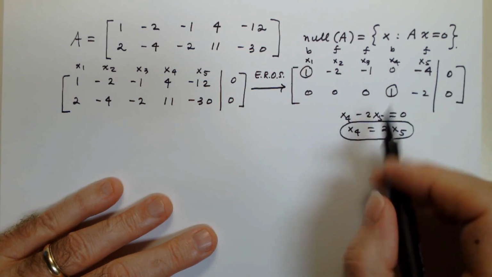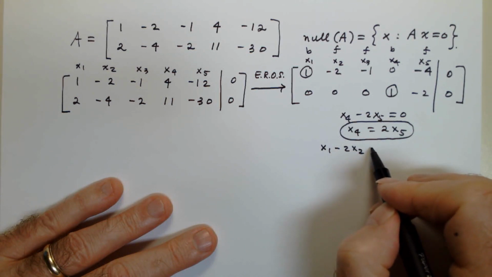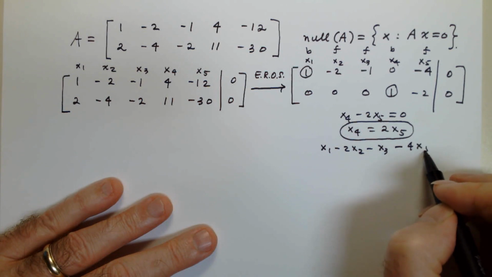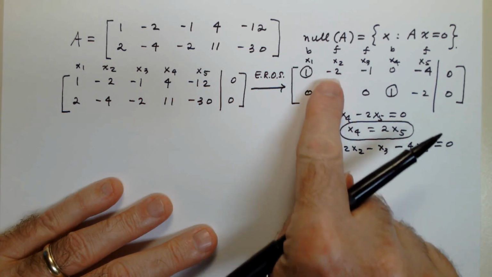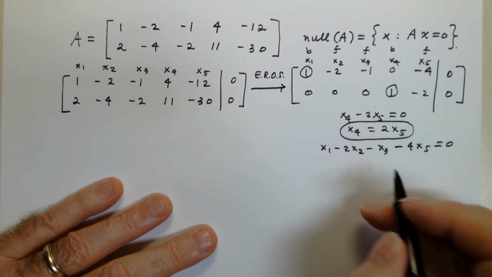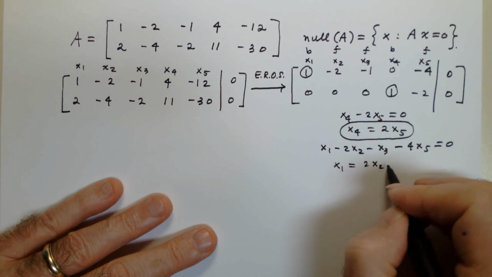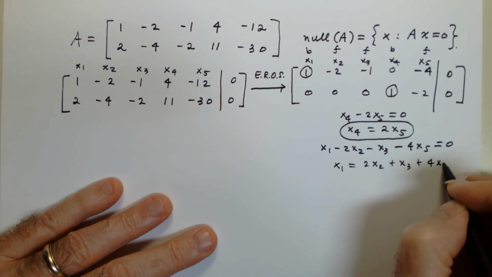My first equation tells me that x1 minus 2x2 minus x3 minus 4x5 is equal to 0. And so solving for this bound variable, I can see that x1 is twice x2 plus x3 plus 4x5.